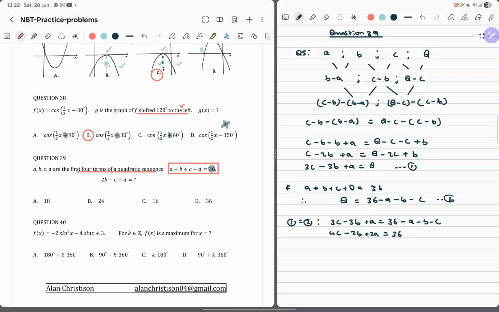Okay, now could we change this and make it look like the other one? 2 is a common factor. So if we divide by 2, we get 2C minus B plus A is equal to 36.